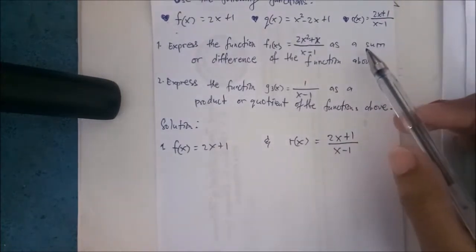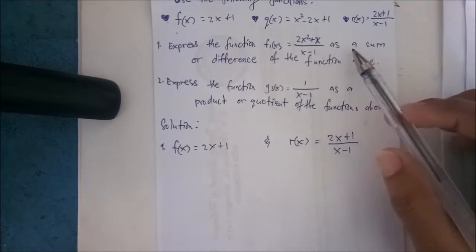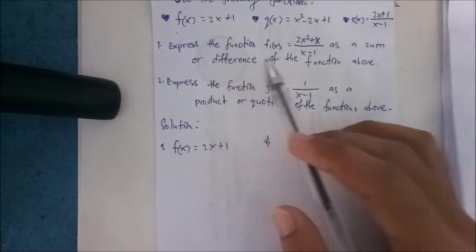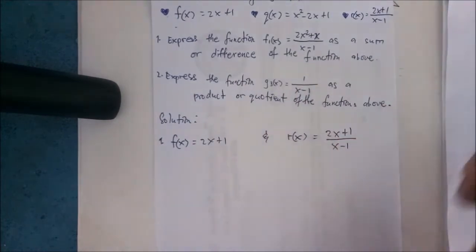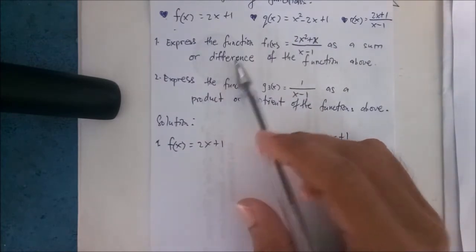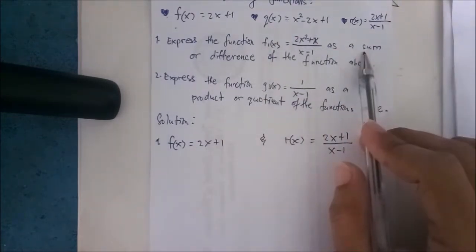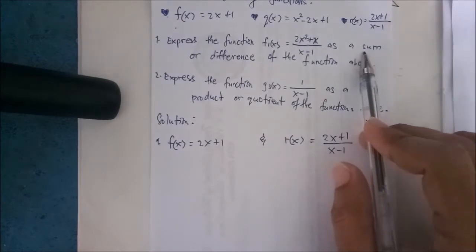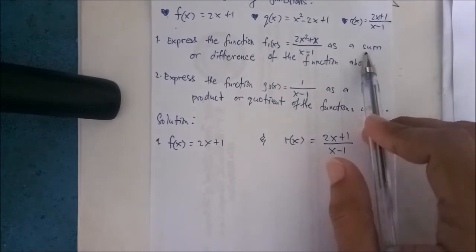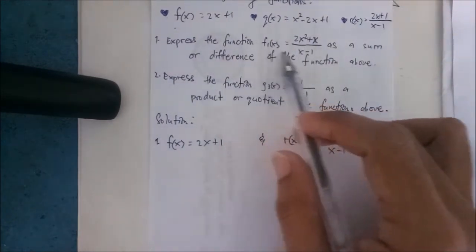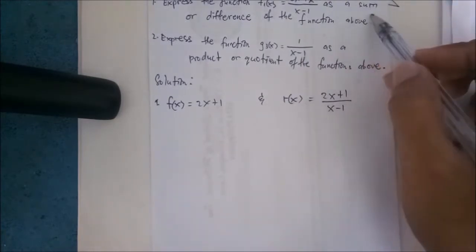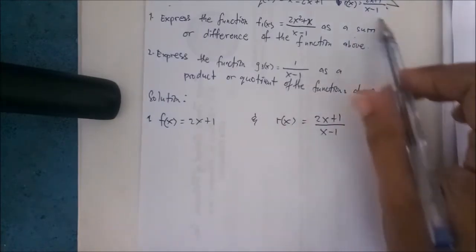The question is a sum or difference. So what operation will you use? Sum or difference? Either of these two operations, one of them is correct to get the answer to this question. So I will choose the sum operation.